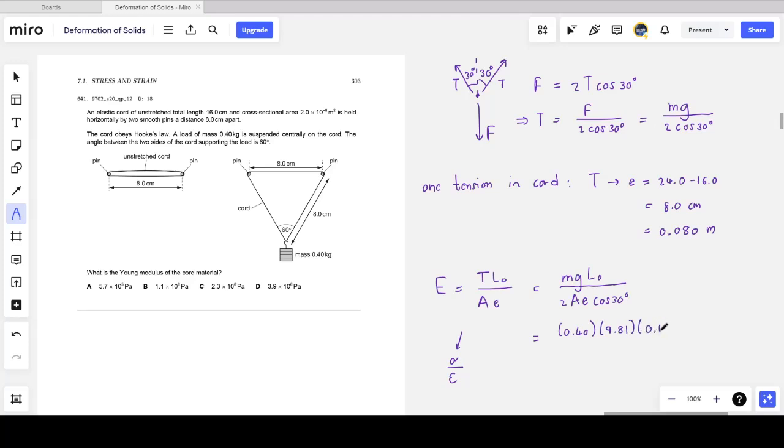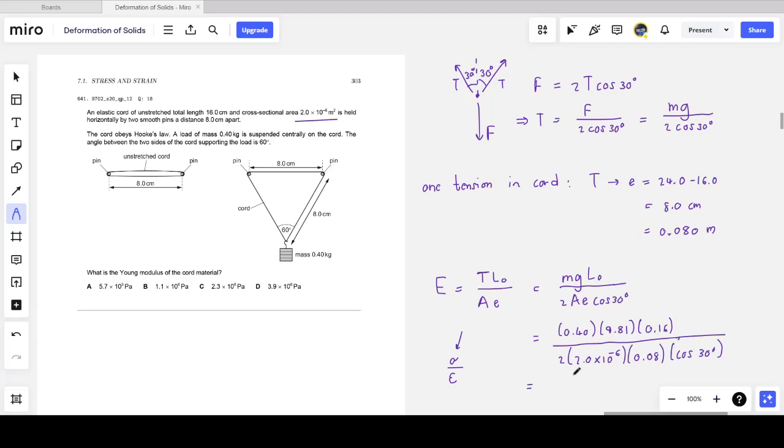The original length of the cord was 0.16 meters, or 16 centimeters, divided by 2 times the cross-sectional area, which is given, 2 times 10 to the minus 6 square meters, so that's already in the correct units. The extension is an extra 8 centimeters, 0.08 meters, times the cosine of 30 degrees.